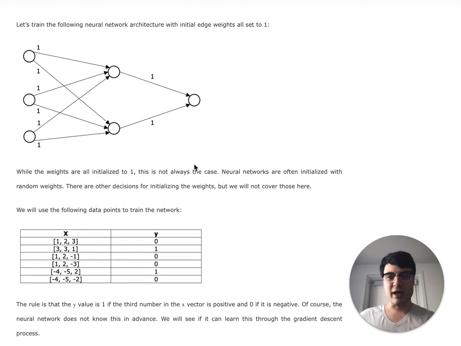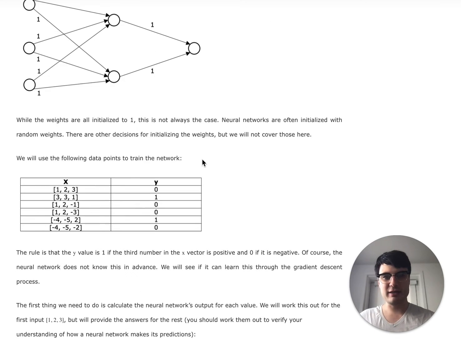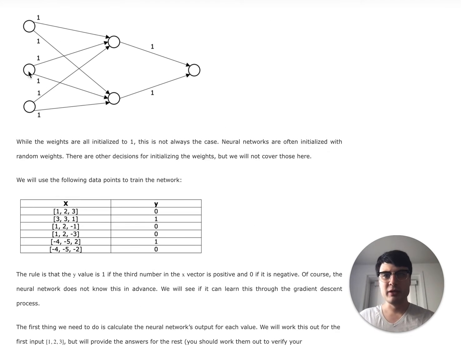Okay, and the data that we're provided is this data set. Notice that there's 3 inputs to this particular neural network, so the data set consists of data of 3 dimensions. It could be, for example, the height, weight, and salary of an individual. Who knows?